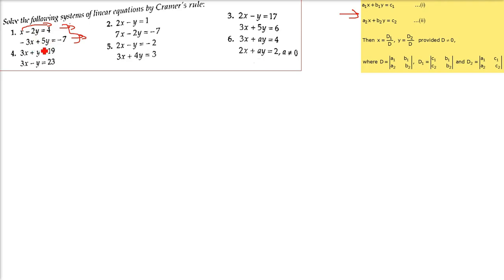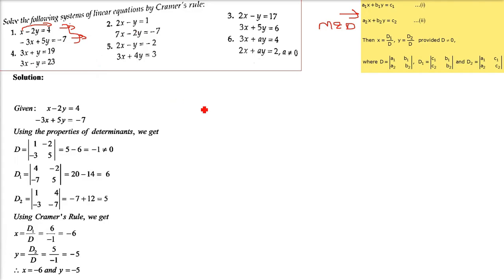Or you can use the multiplication method, multiplying so that a common term appears and you can cancel it. But when we are learning matrices and determinants, the system can be solved easily using Cramer's rule. Now I am going to explain the first question in detail so that you can do the others.